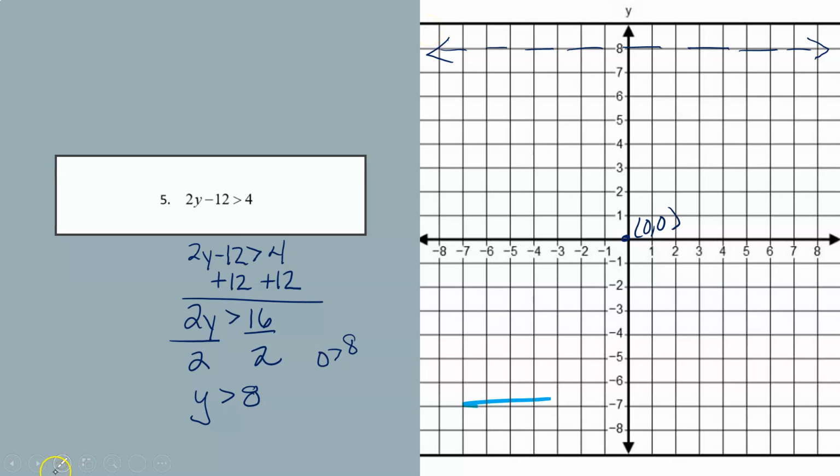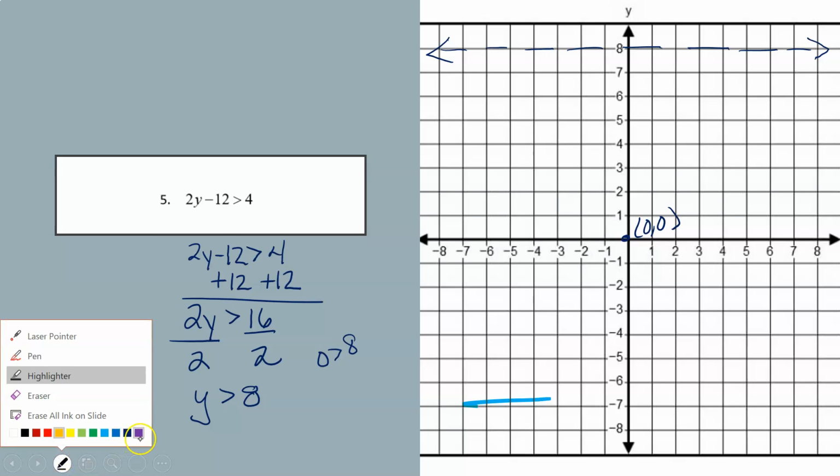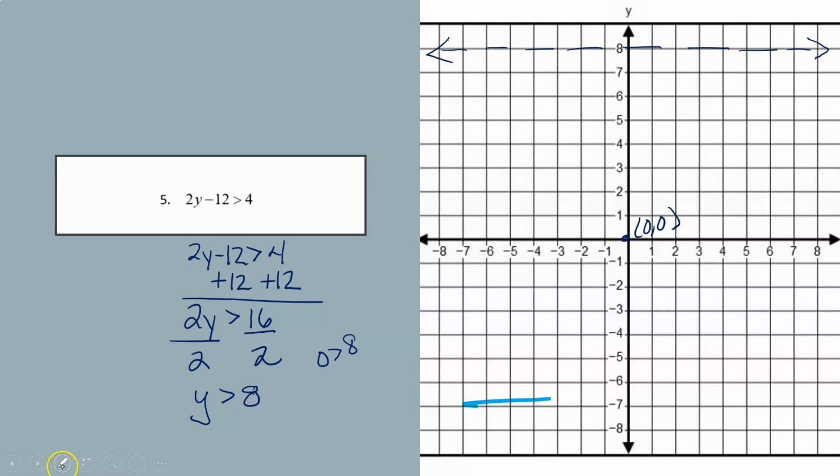So we're only going to color that tippy top up there. Right up here. That's where we would shade. And that doesn't mean only a few numbers are a solution, because this goes infinitely in both directions, but this is just all that's showing. So that's our solution to that one. And that's it.